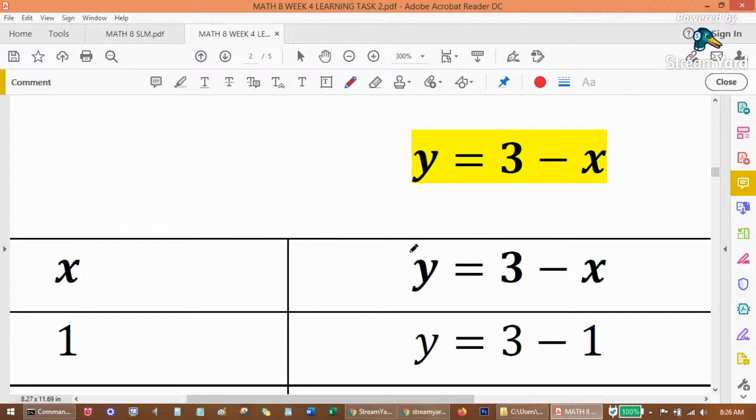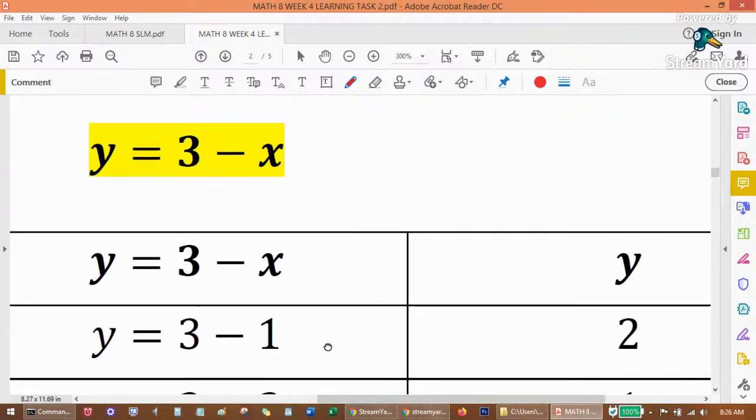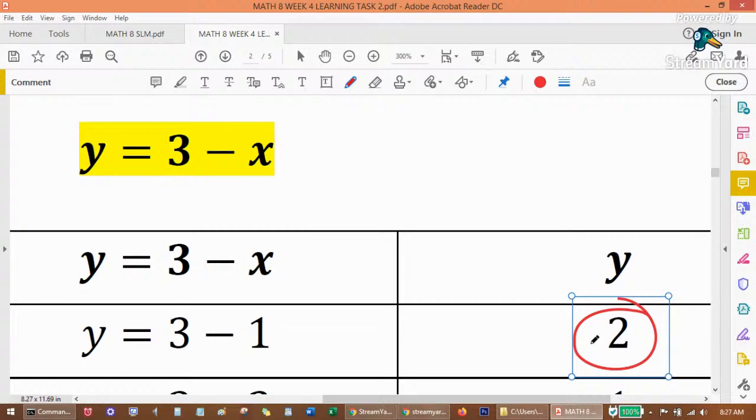So, pag sinundan natin 'tong formula na 'to, itong x, ang papalitan lang natin itong x na 'to. Okay, sabi dito, kapag ang x is 1, therefore, itong x na 'to gagawin nating 1. So, ang y ay magiging equal to 3 minus 1. 3 minus 1 is equal to 2.